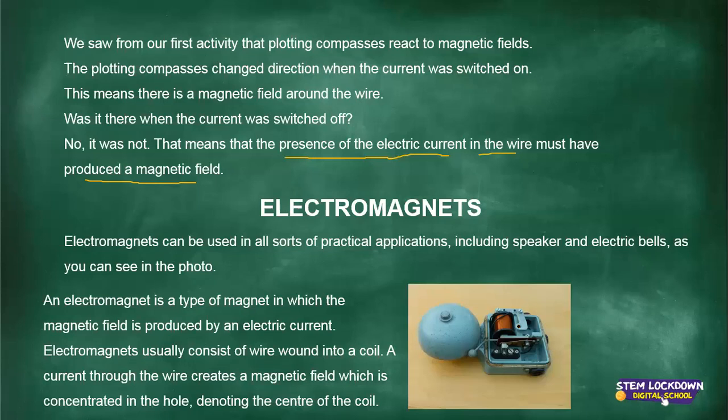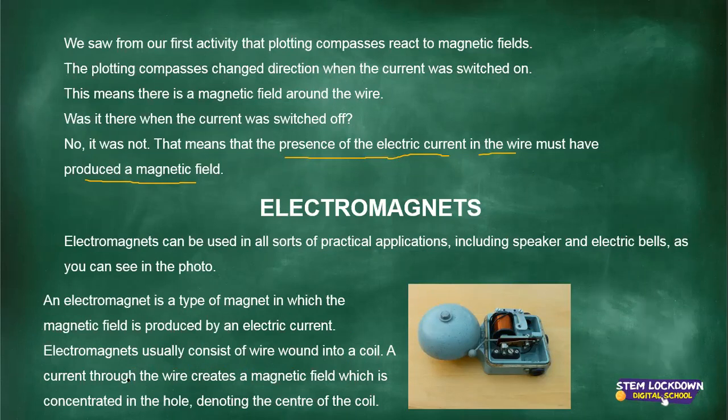So the wire is wrapped in a coil here to increase the length. Now, if you increase the length of the wire, it allows more electricity to pass through. So an electromagnet usually consists of wire wound in a coil, and the longer the piece of wire, the greater the current that is going to go through it.